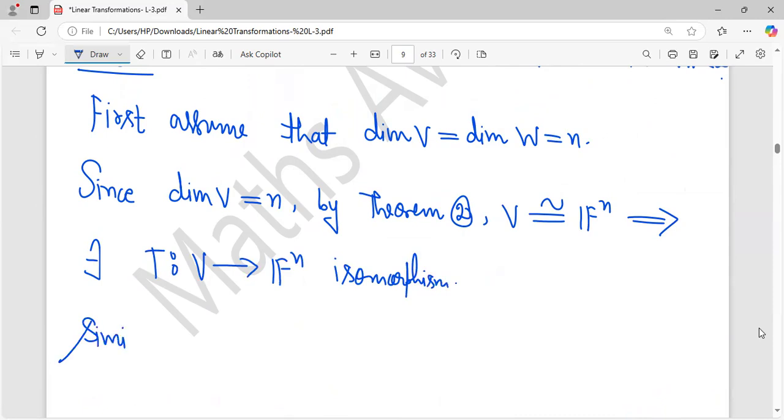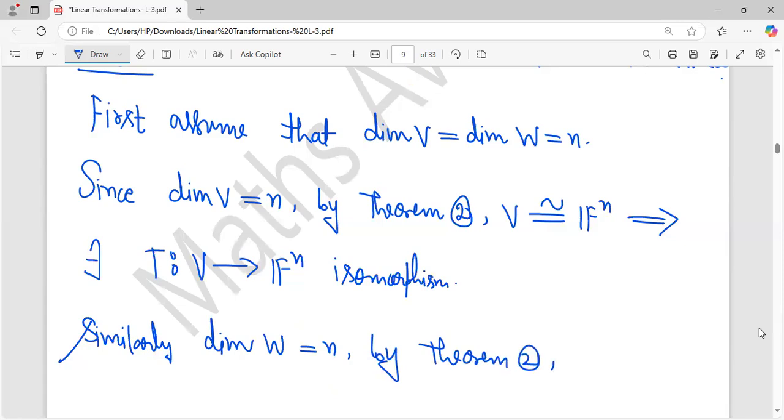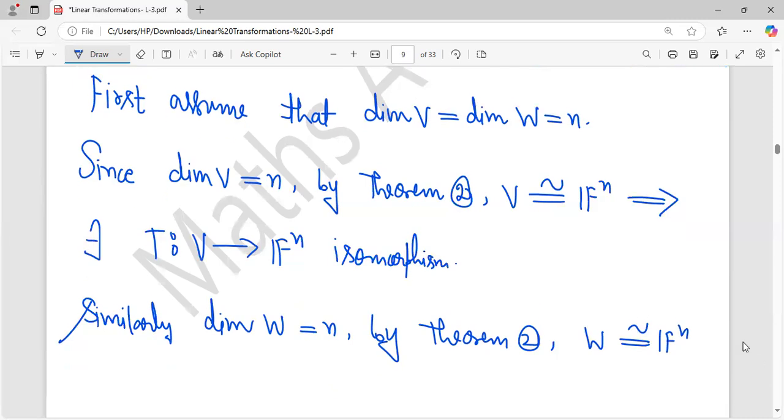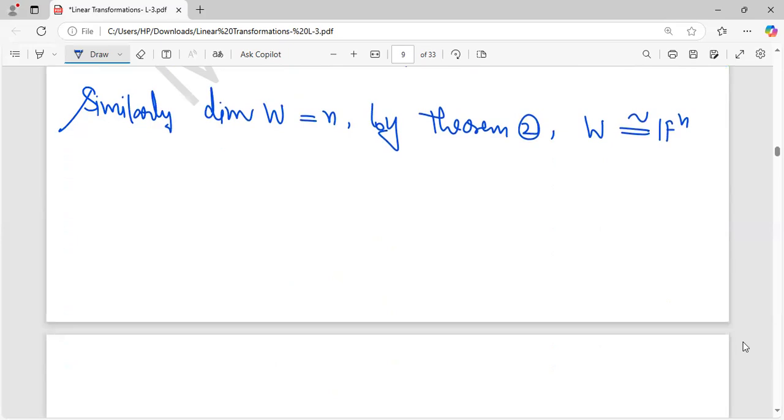Similarly, the dimension of W is also n, so by theorem 2, W is isomorphic to Fn, which implies there exists S: W to Fn, an isomorphism.